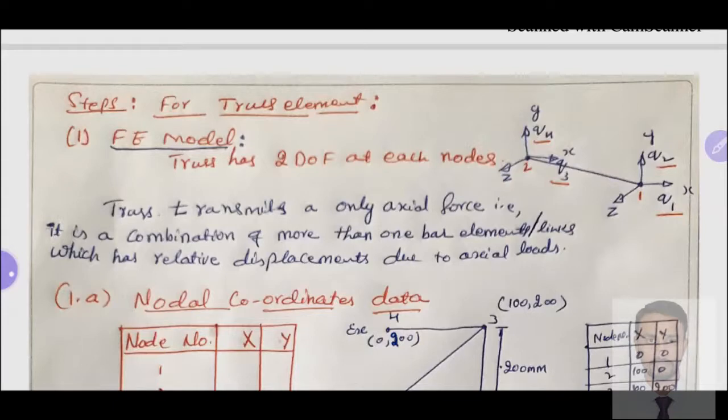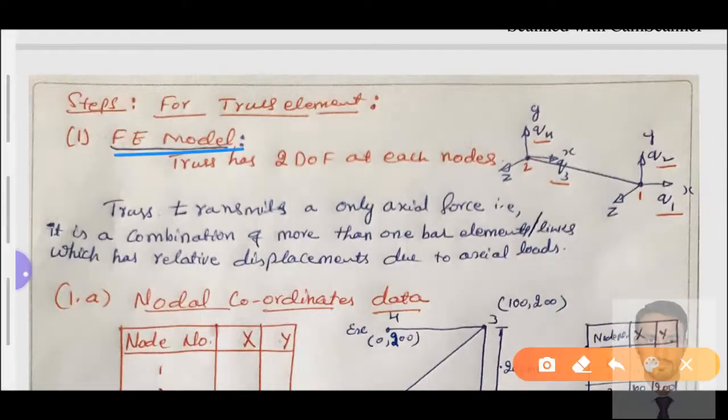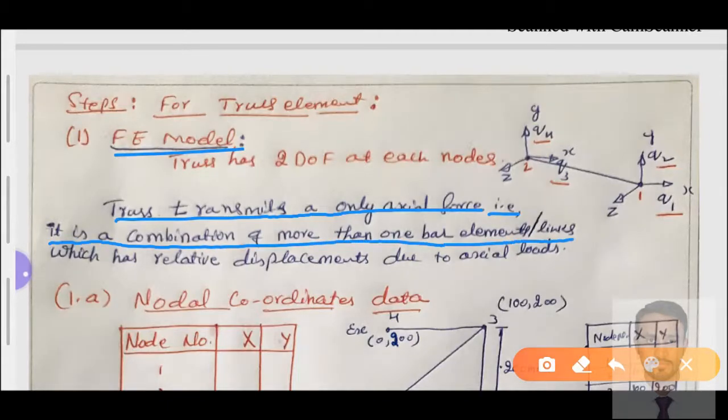The procedure we will learn is this. The first step of the finite element method is the finite element model. I have considered a truss which transmits only axial force, that is, a combination of more than one bar or link elements which have relative displacements due to axial loads.